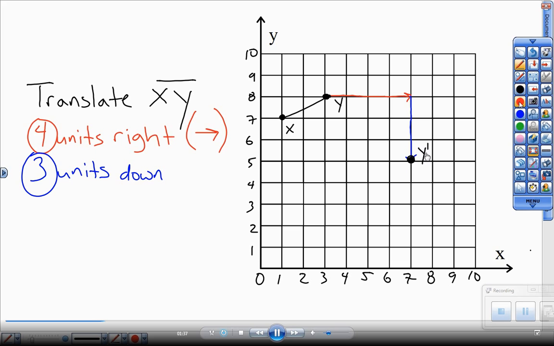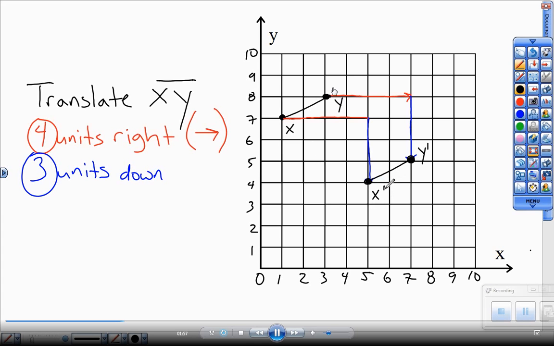And I could tell that's the new one because of that little mark right there. The next one for x, over 4 boxes, and then from there down 3 again, just like I did before. And right there is going to be my next point, which is x prime.